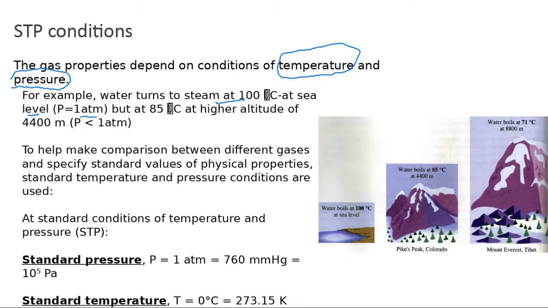But what will happen if we go higher on a mountain, for example? At a higher altitude of 4,400 meters, the pressure will be less than 1 atmosphere. In this case, the water will turn to steam at 85 Celsius.